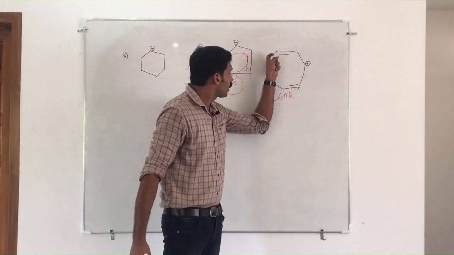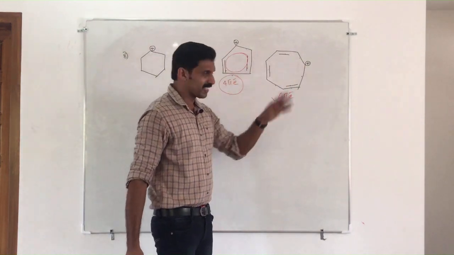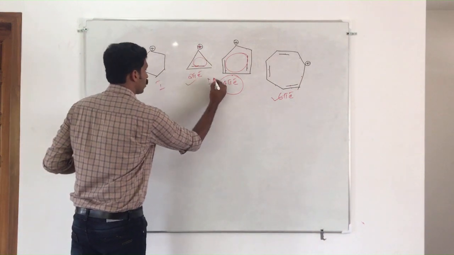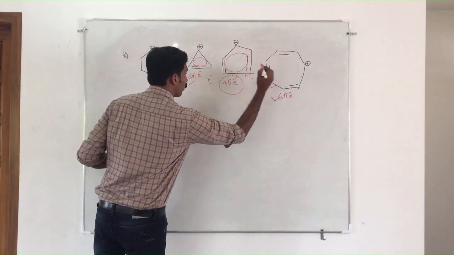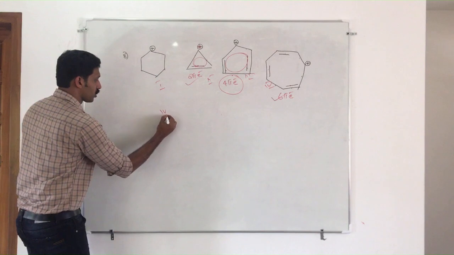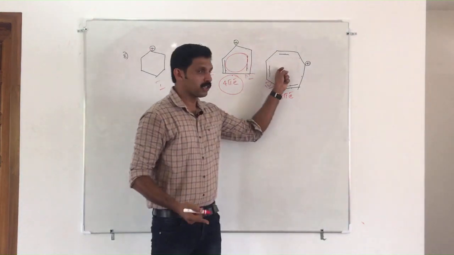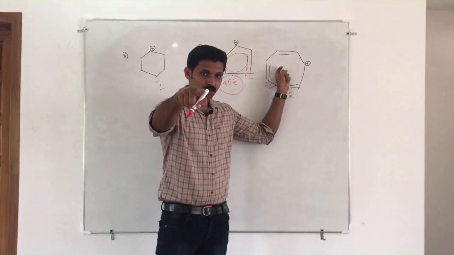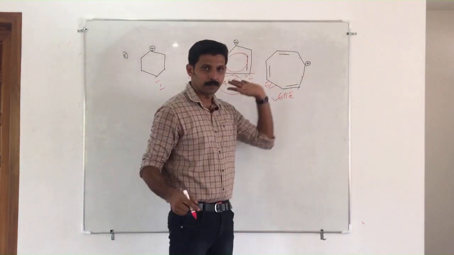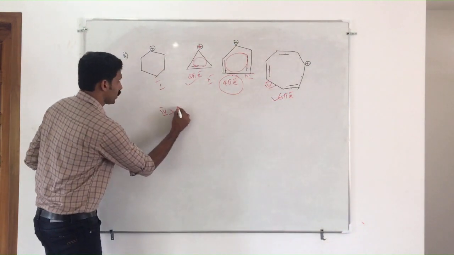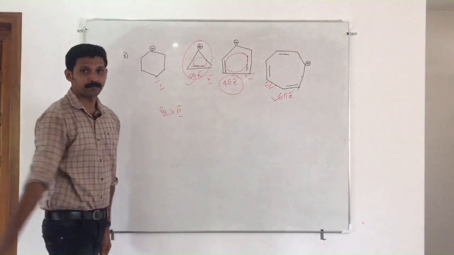Since the most delocalization is here, if you take 1, 2, 3 and 4, you can say that 4 is the most stable because it is aromatic, with the most electrons delocalizing. Then 2, because it is again aromatic.